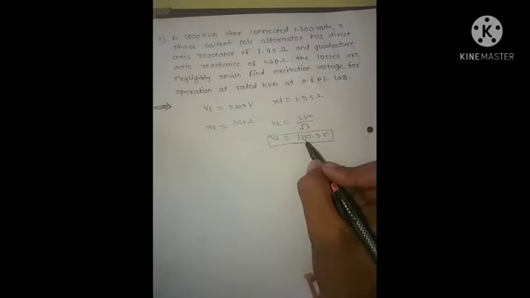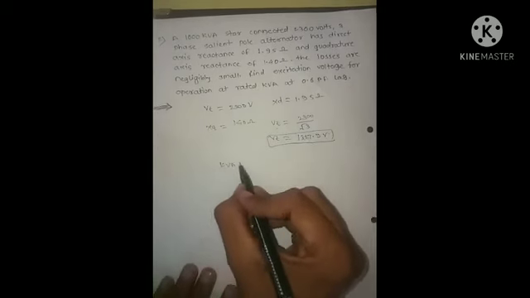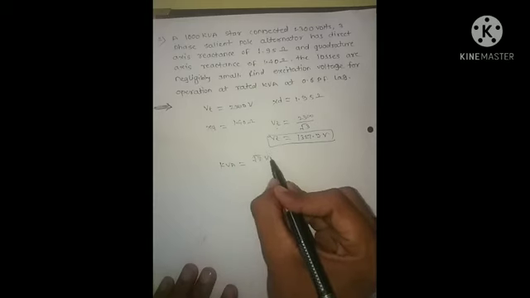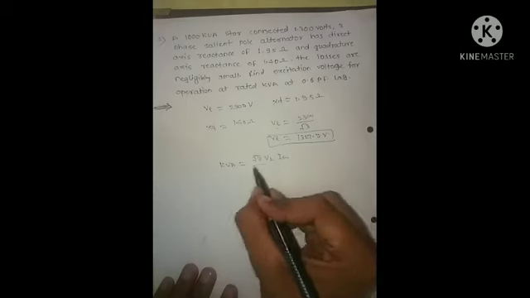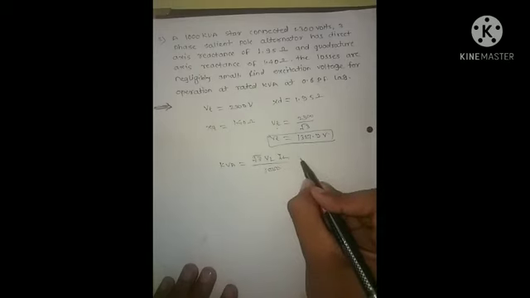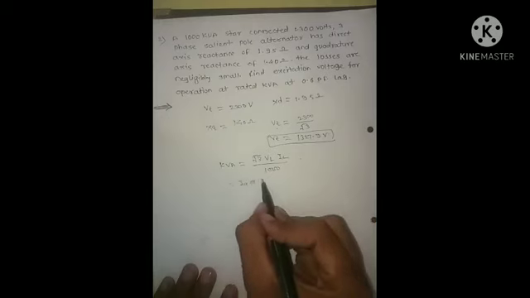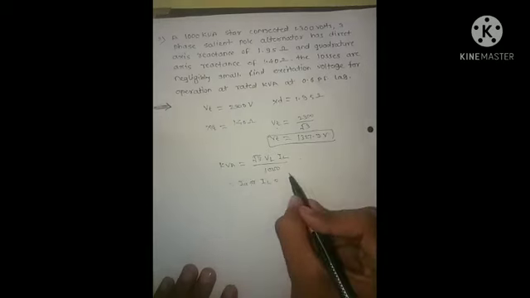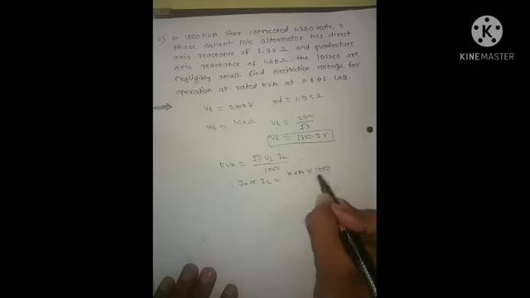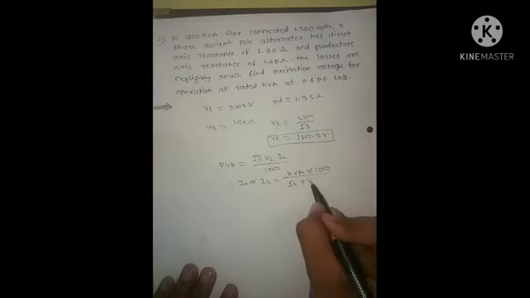After that, the kVA rating is given by kVA equals root 3 VL IL upon 1000. By putting all the values we will get IA or IL equals kVA into 1000 divided by root 3 into VL.